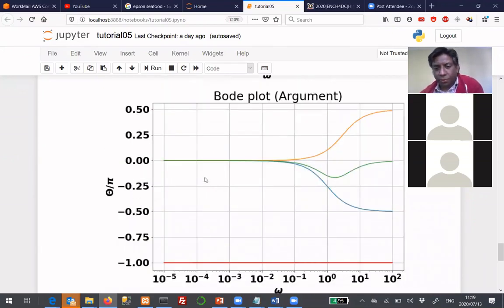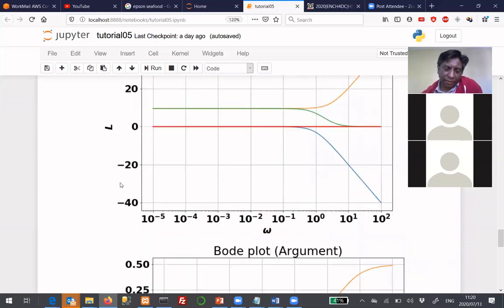So like before, you can plot out your angle for each of your functions. So here for 1 over s plus 1 and for 3 plus s, we can plot out our angles. And then the sum of those two angles is going to be the overall transfer function. Right, so that's how we generate L and theta.